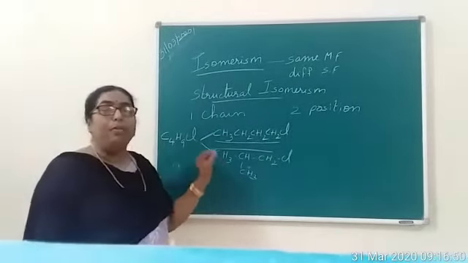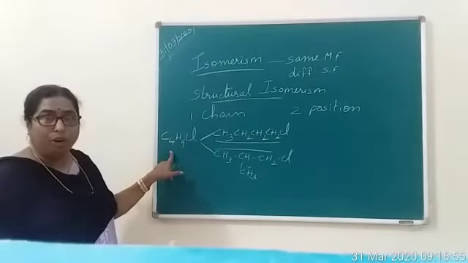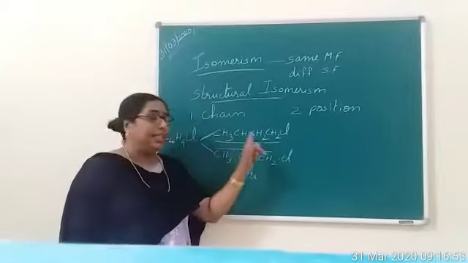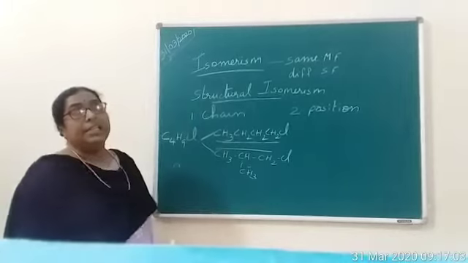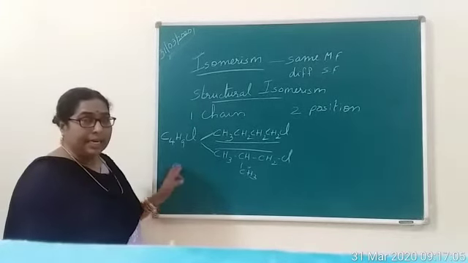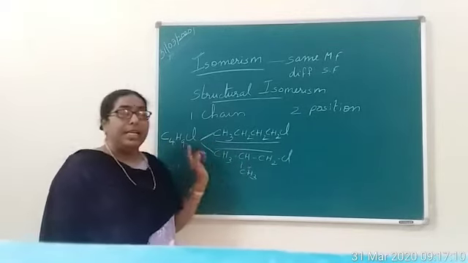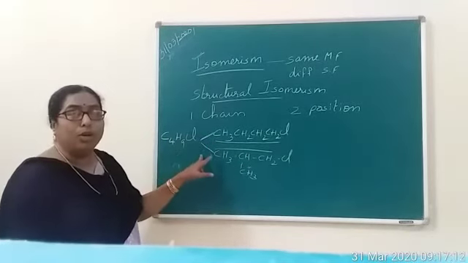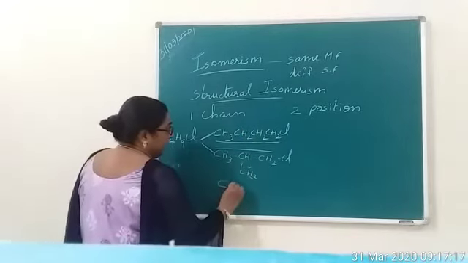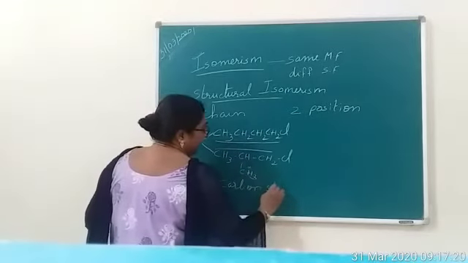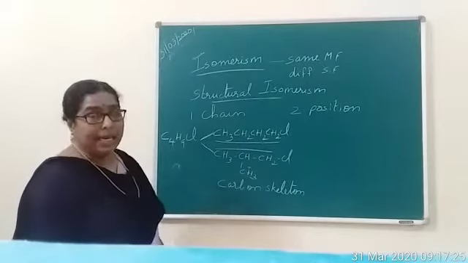So this type of structural isomerism, in which the compound possesses the same molecular formula but shows difference in the carbon skeleton, the carbon chain, is termed as chain isomerism. Is it clear children?